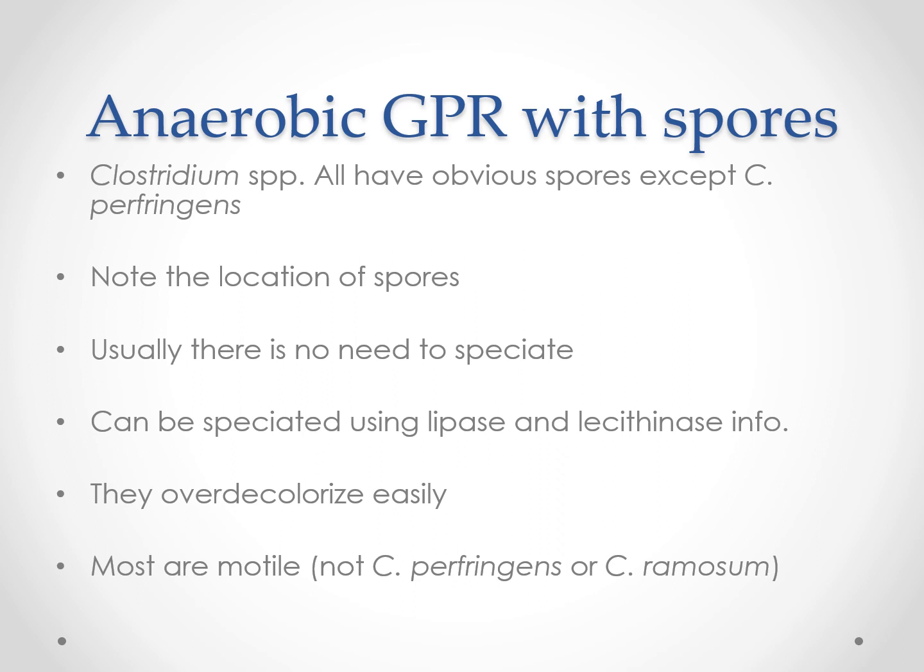Also, gram-positive rods that are Clostridiums tend to over-decolorize very easily, but even if you see a gram-negative organism with the spore, it's probably going to be a Clostridium. Most of our gram-positive rods with spores are motile, however, not Clostridium perfringens or Clostridium ramosum. They are both non-motile.